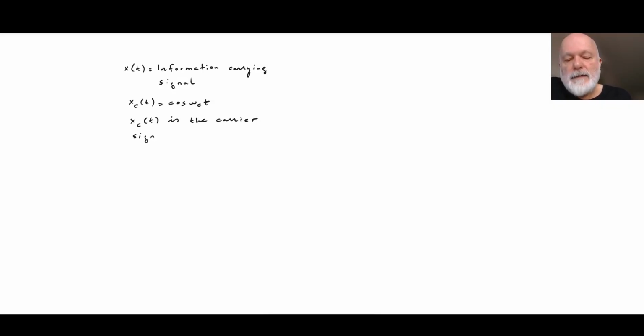It will be clear in a minute why we call this the carrier signal. Now, we also have a certain relationship between the frequency content of the information carrying signal and the frequency of the carrier signal, as follows.